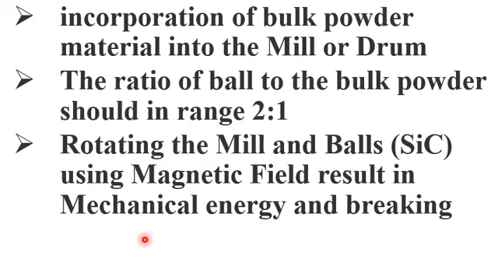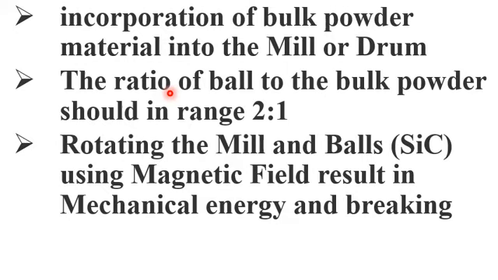So in simple words, the processing step of the ball milling process involves incorporation of a bulk material in a ball milling drum. The drum has balls in it which are used for the crushing of the bulk material. The ratio of the balls to the crushing powder material is 2:1.